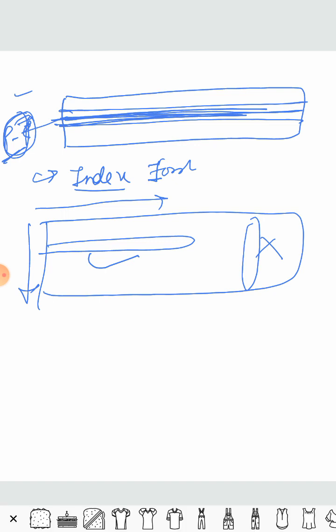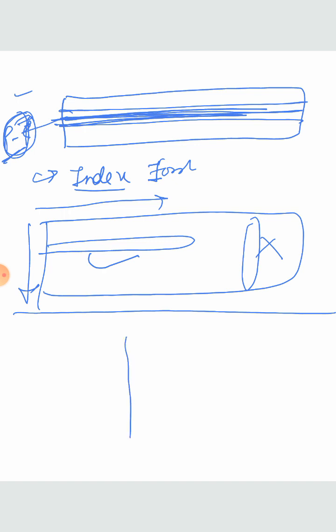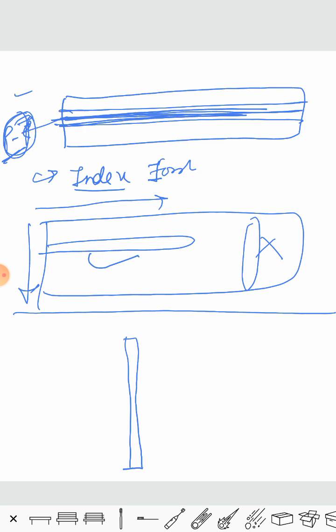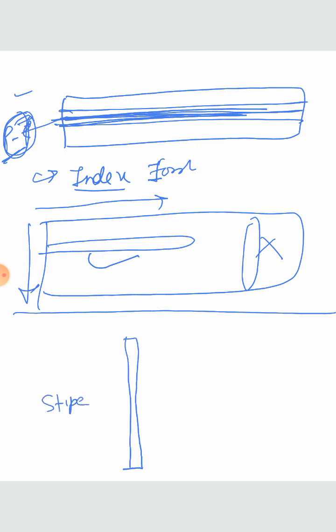Now, what is the morphology? So morphology consists of one rod-like structure that is called the stipe, and then there are some apertures which are joined with the stipe, and these are called the theca.